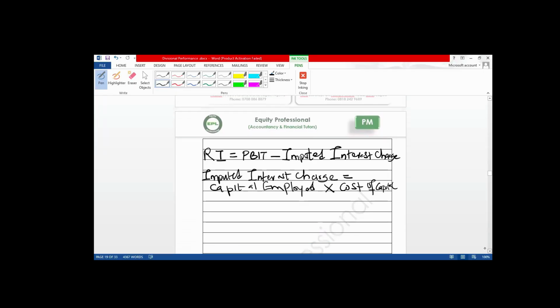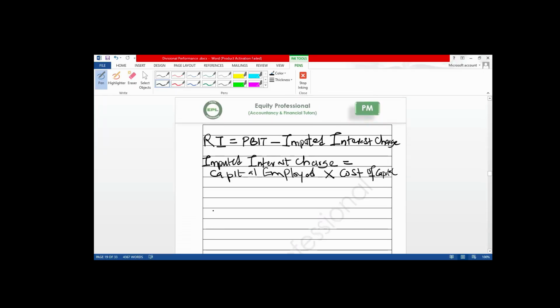You have all the variables required. Division X, Y. In this question, the net profit is also the operating profit. There is no interest, there is no tax. Profit here is 13.92 million.